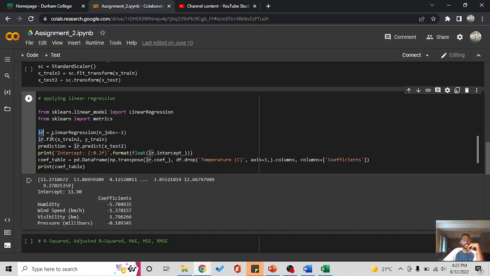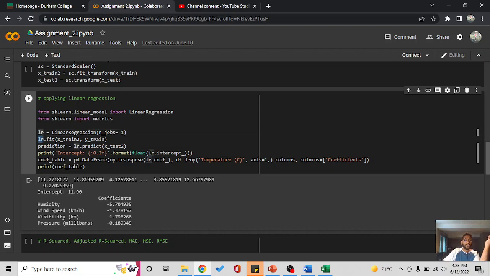So our object is LR, and when we say n jobs equal to -1, we just say this because we want our computer to compute with all its cores, so that the computation is quicker. Again, it's an optional parameter. It's not a mandate to have this, but if you just have this one task running in your system and you want your system to run it with all its cores, you would want to use this.